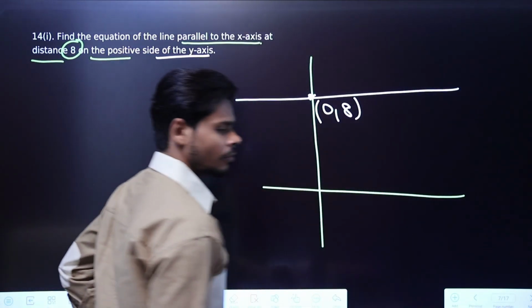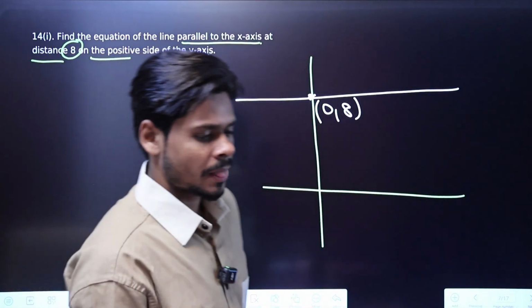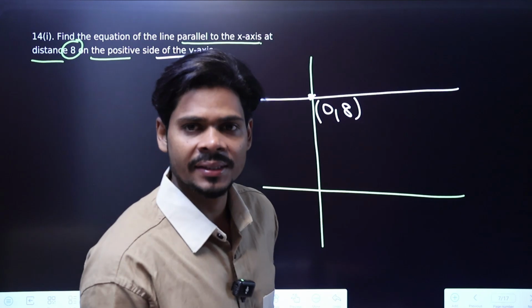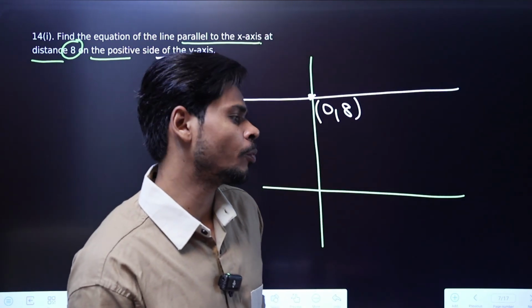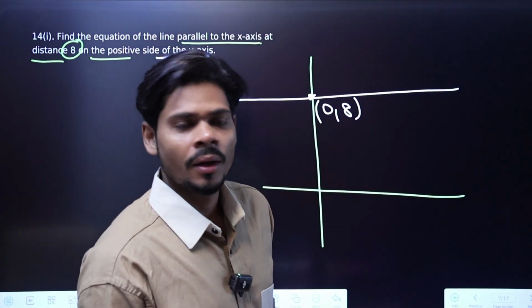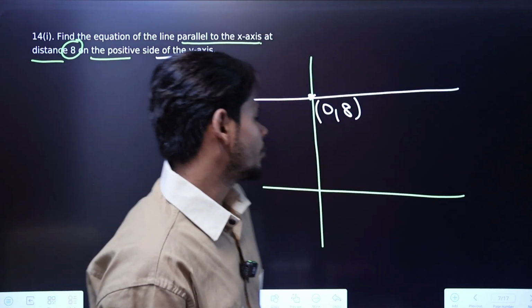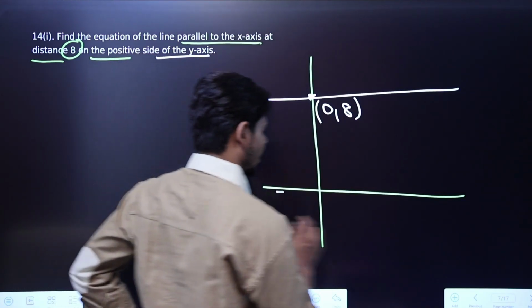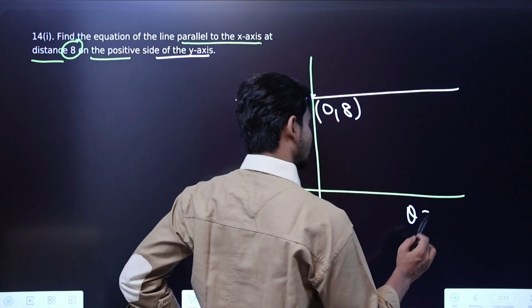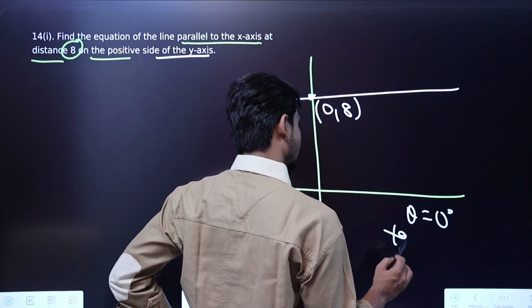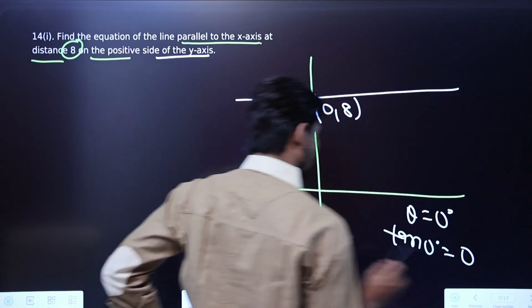Let me tell you, first of all, tell me what is the slope of the x-axis. I have already explained that if a line lies on the x-axis, then it makes theta equal to 0 degrees. If theta is 0 degrees, tan 0 is 0, so slope is 0.